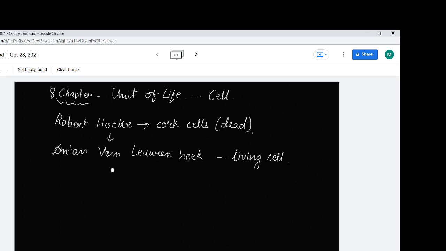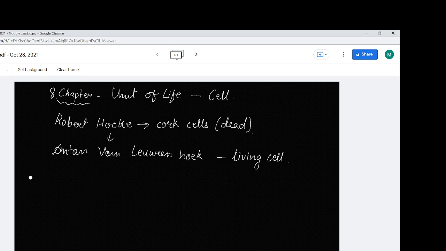Then later on, many scientists studied about the cells, and it was in 1839 when Theodor Schwann, who was a British zoologist, and Schleiden, a German botanist, both of them independently in their own laboratories, studied in detail about the plant cell and the animal cell, and they combined their findings.